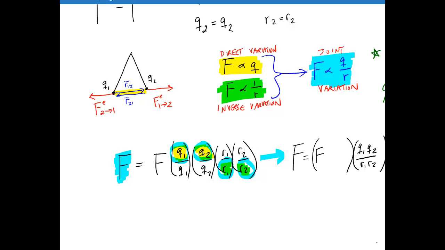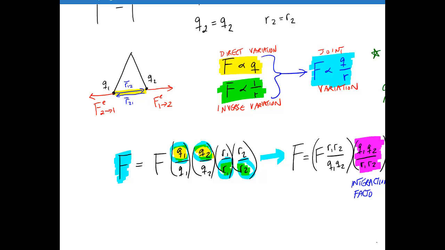And everything else stays in its position as far as the quotients go, fractions, whatever you want to call them. And what we have here, this right here, is our interaction factor.